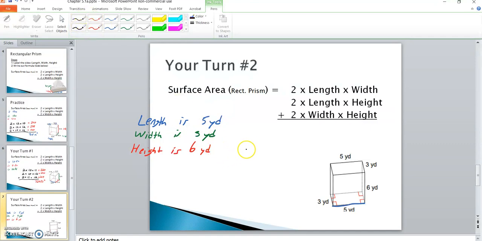So putting that into our formula, we have 2 times 5 times 3, 2 times 5 times 6, and 2 times 3 times 6.